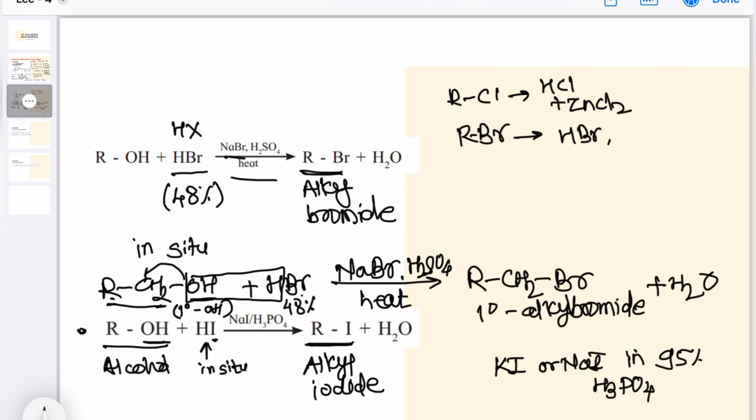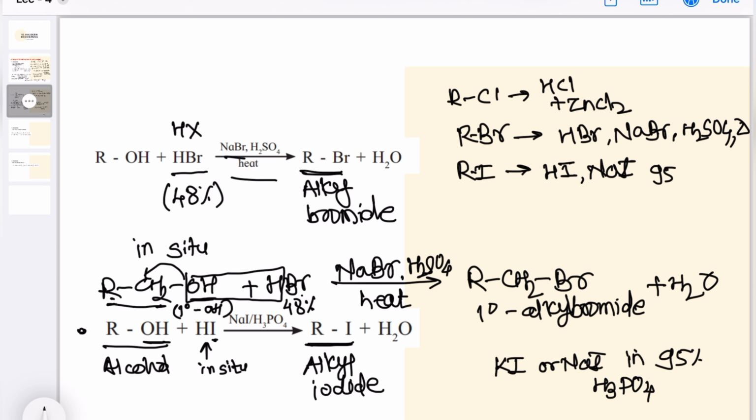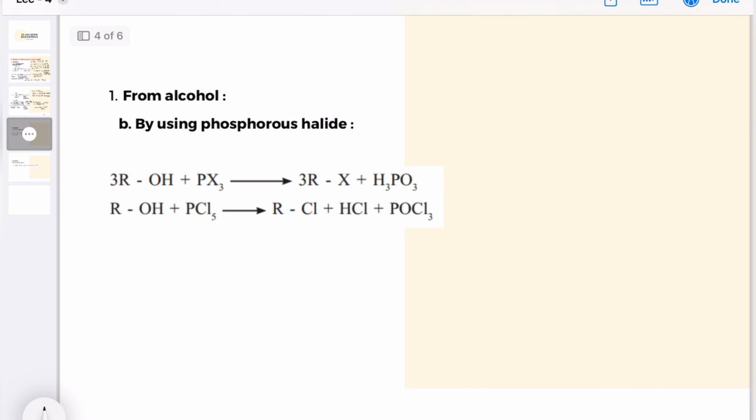HBr in presence of NaBr and H2SO4 with heat. And for preparation of alkyl iodide, we need HI, that is hydroiodic acid, in presence of NaI or KI, that is sodium or potassium iodide, in presence of 95% H3PO4.